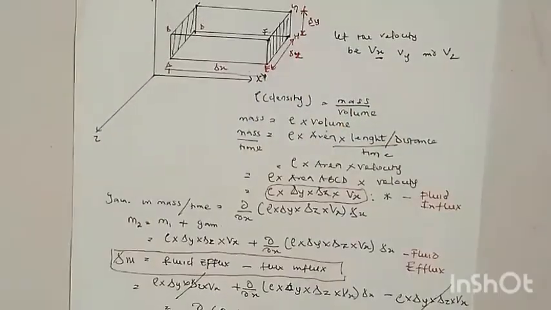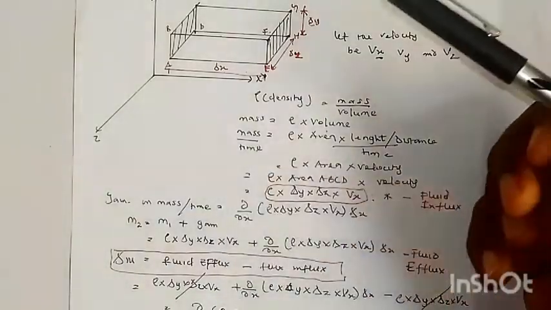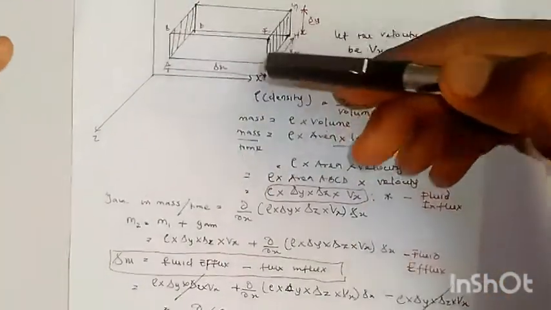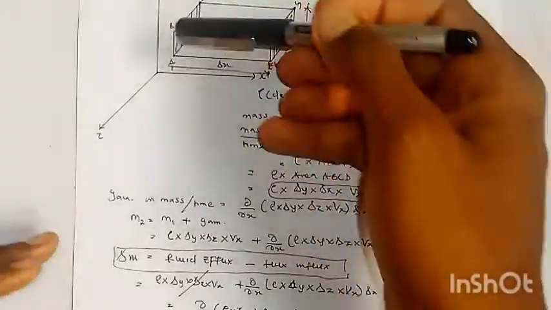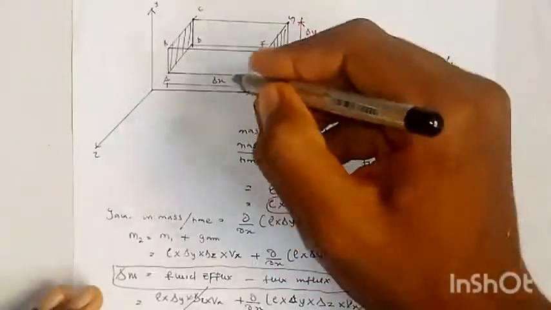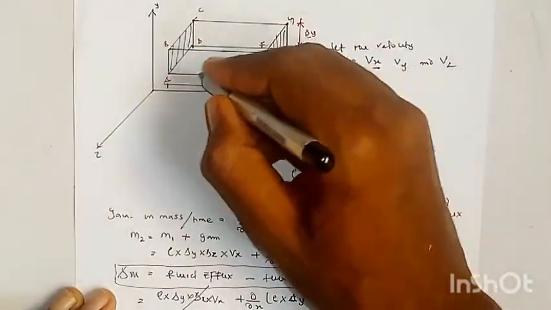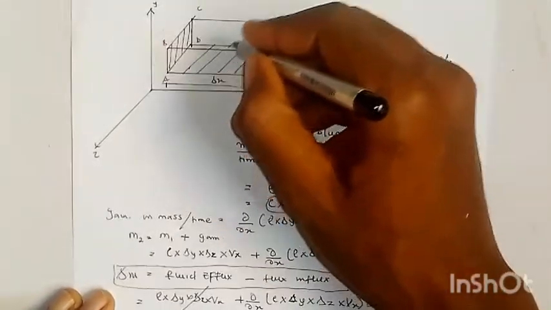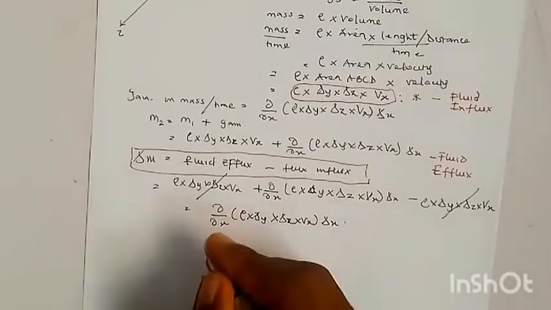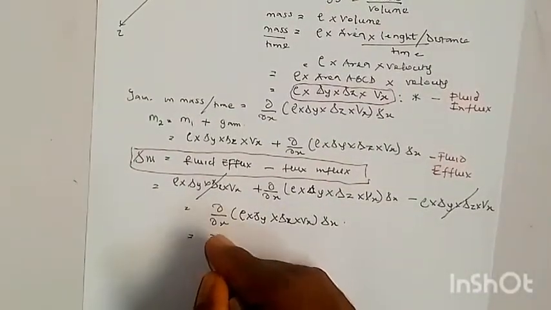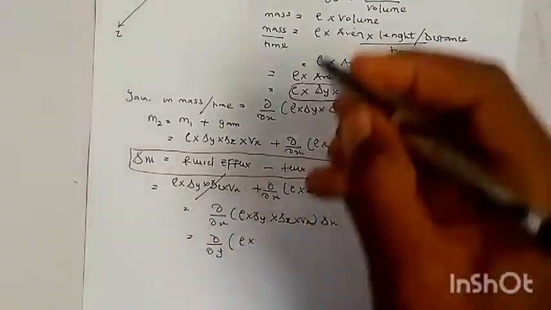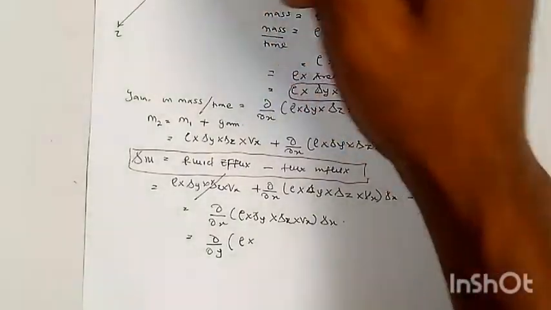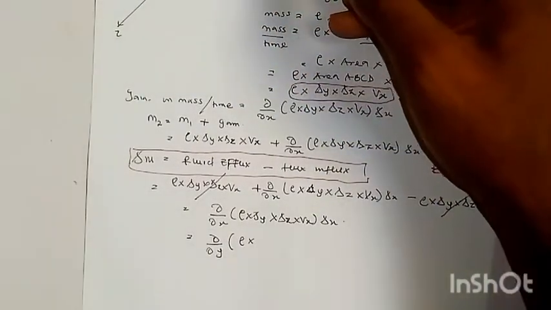So now we can say that if the fluid is flowing towards the y direction, that is, if the fluid is passing through this phase and out of this upper phase here, then the gain in mass flow rate the fluid will gain will be equal to d dy of density times the area of this particular phase. Remember, the area of the upper phase will be equal to the area of the downward phase.